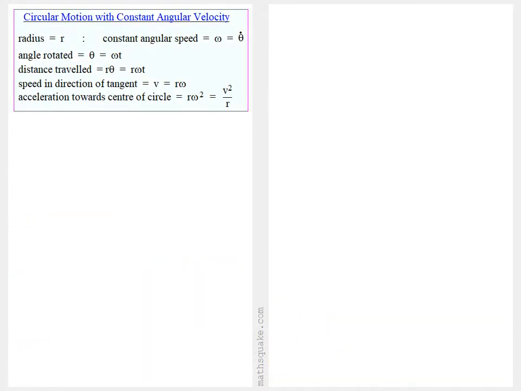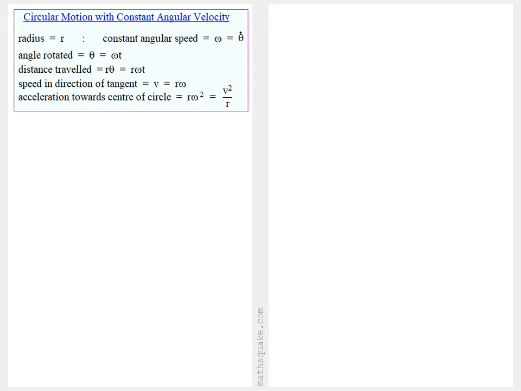Let's quickly review what we know about circular motion with constant angular velocity. Now we're considering an object which is moving in a circle, radius r, with constant angular speed omega. Now if the angle rotated is theta, then omega is equal to the differential of theta, theta dot, and theta is equal to omega t.